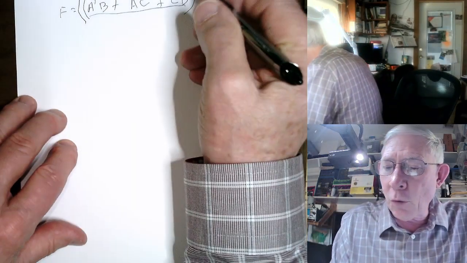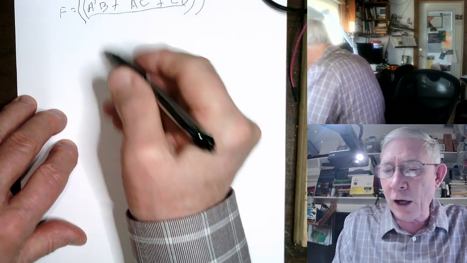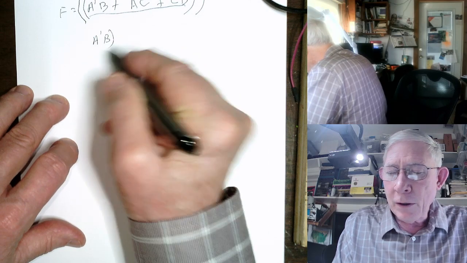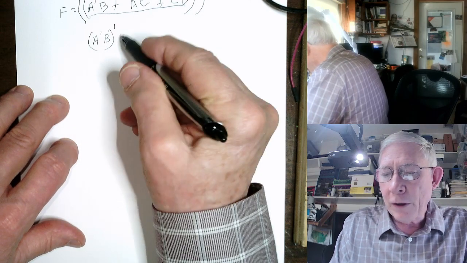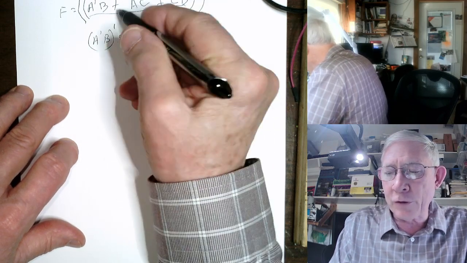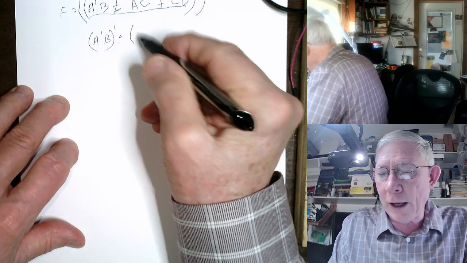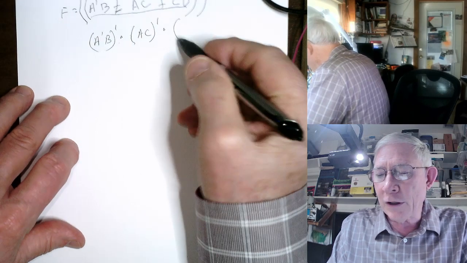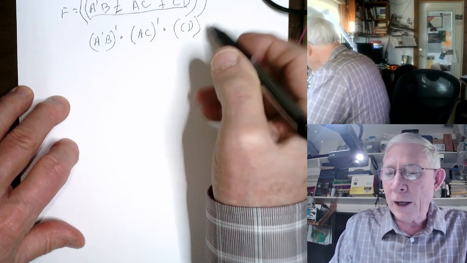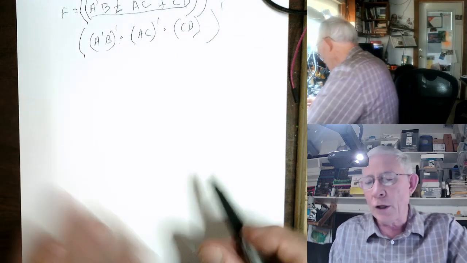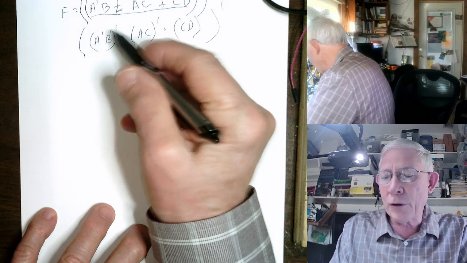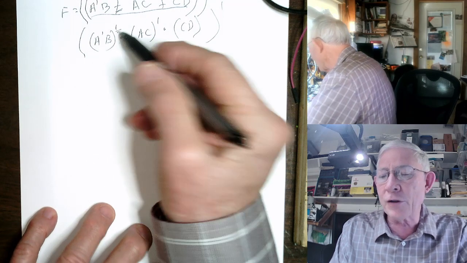We'll take this one invert and put it inside, and we'll have A prime B inverted times, because we have to invert the sign, the quantity AC inverted times CD. And then all this still has one inversion left. So notice this A prime B within parentheses with an invert, that is a NAND gate.